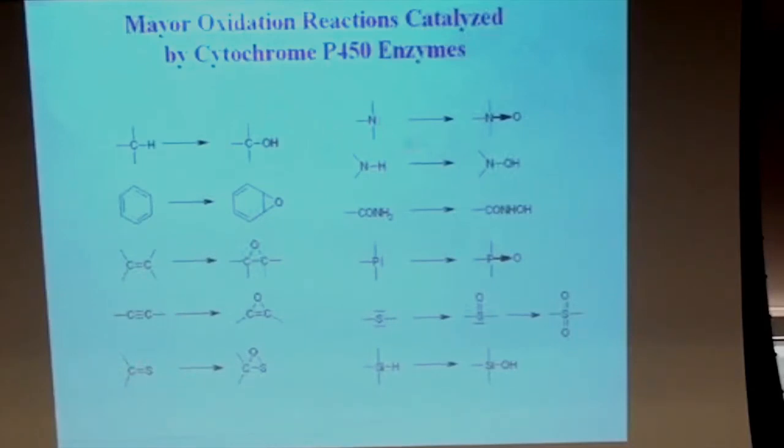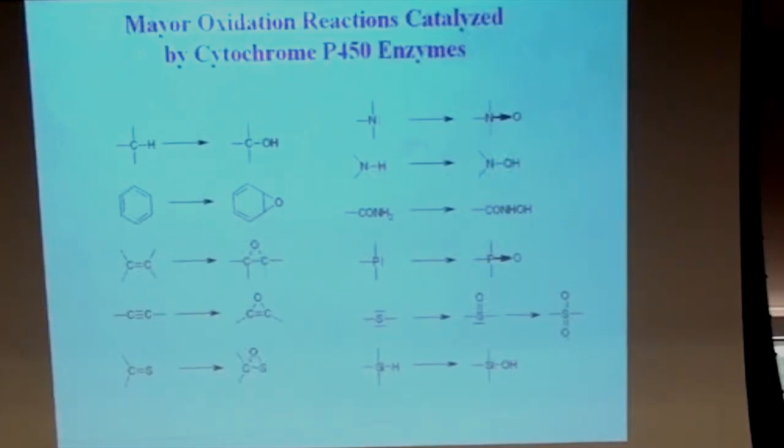Tertiary amines, secondary amines, amides, phosphines. Sulfur can be oxidized all the way, and then even silicon-containing compounds. The only bond in the world that P450 cannot break is the carbon fluoride bond, because that is too short and too strong. But otherwise, P450 can oxidize pretty much everything.